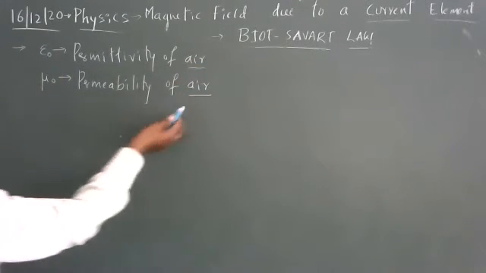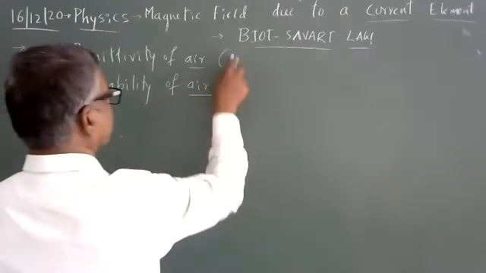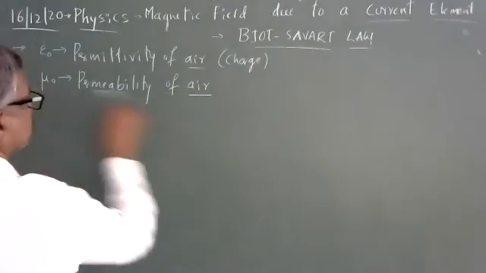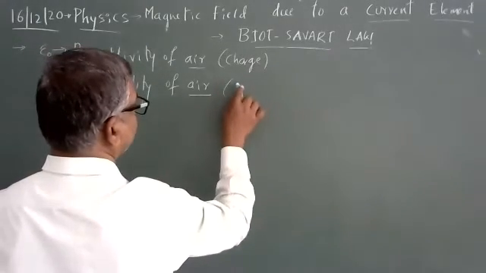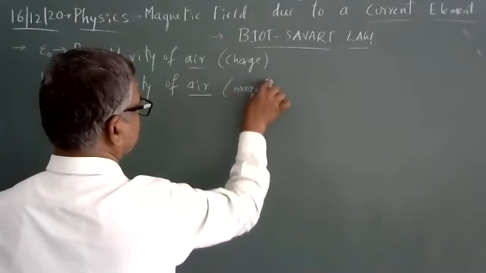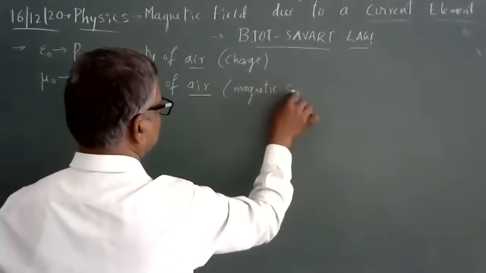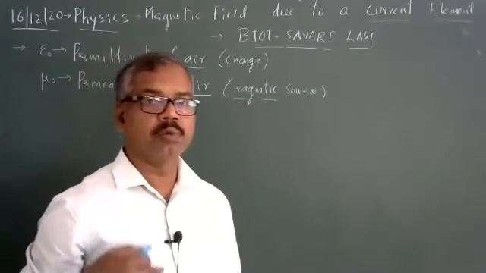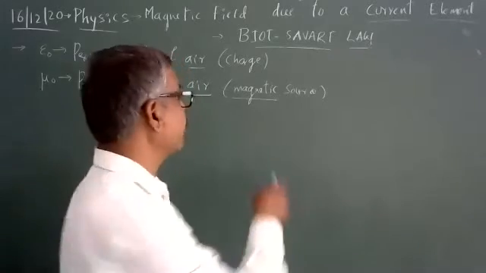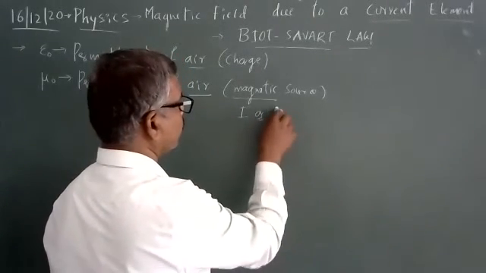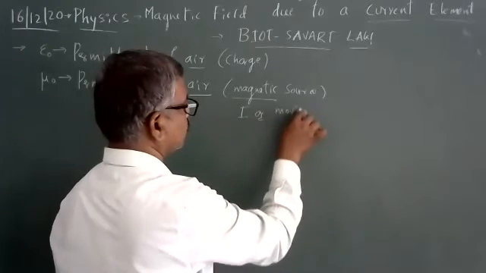This air, being a medium, has two properties. Epsilon 0, permittivity of air, is due to charge, and mu 0, permeability of air, is due to a magnetic source. This magnetic source can be moving charges or it can be a current.